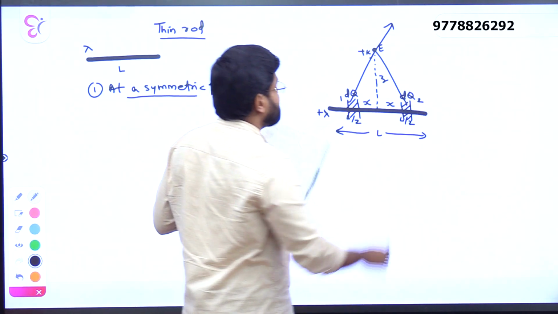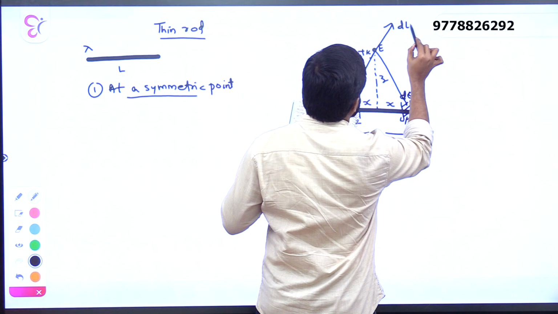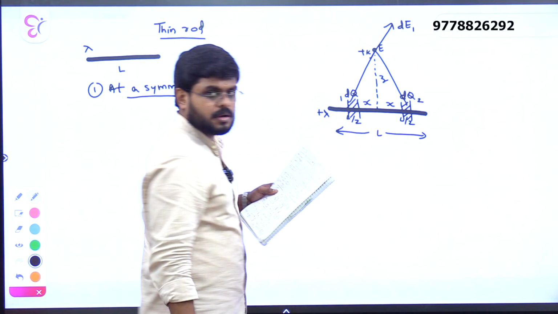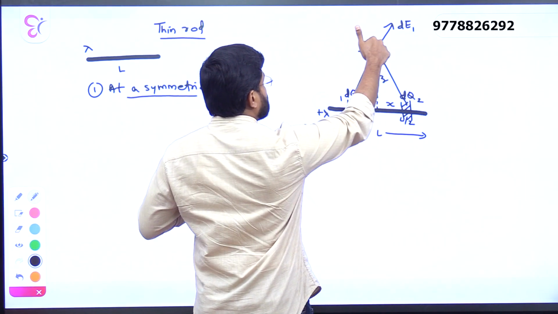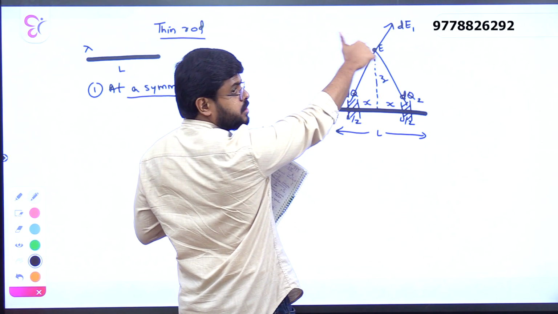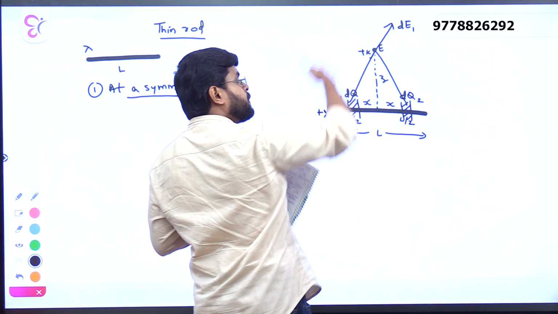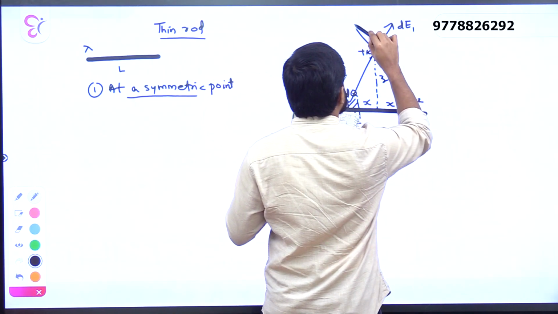So that is dE1. And due to the second, it will again be repelled. So this is dE2.